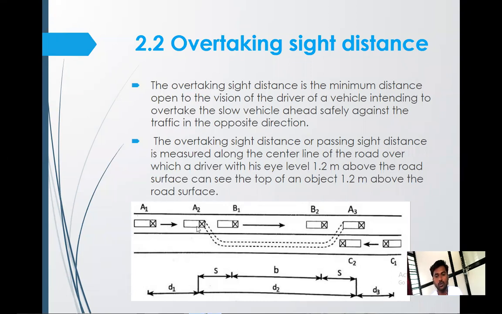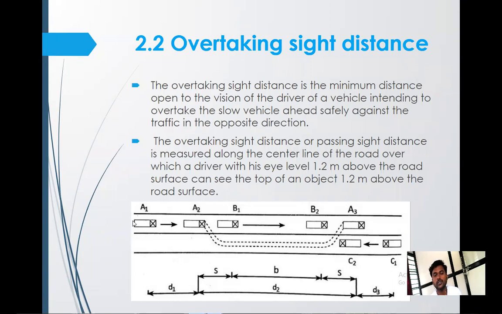A is the fast moving vehicle, B is the slow moving vehicle, and C is the vehicle which is coming from the other direction. Suppose A has to overtake the vehicle B, and vehicle C is coming from the opposite direction.